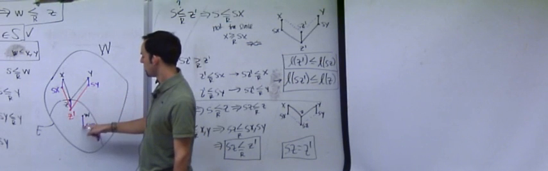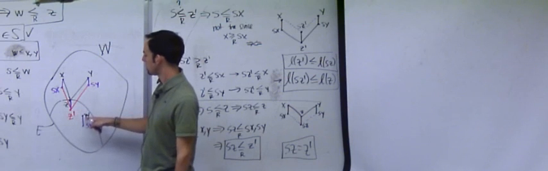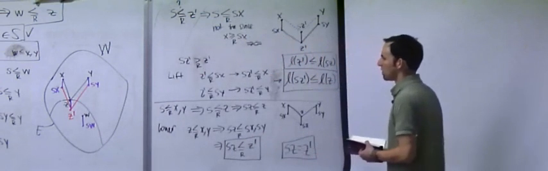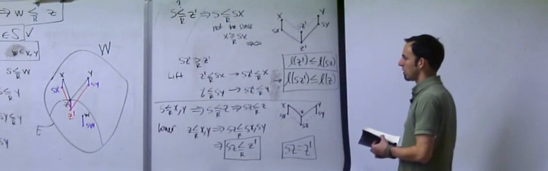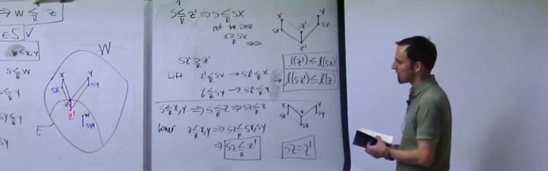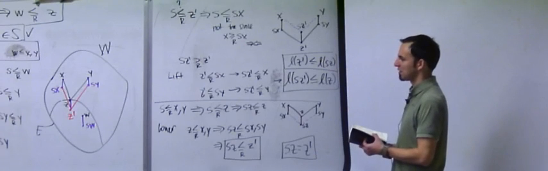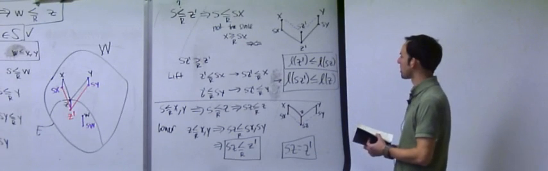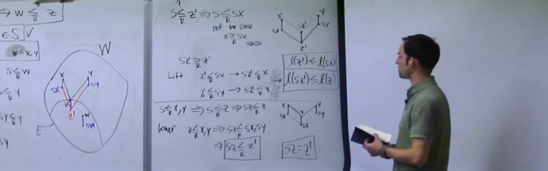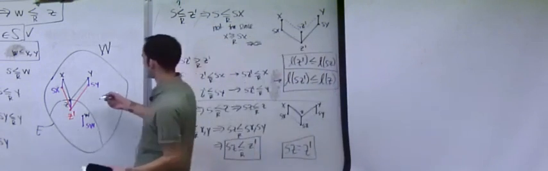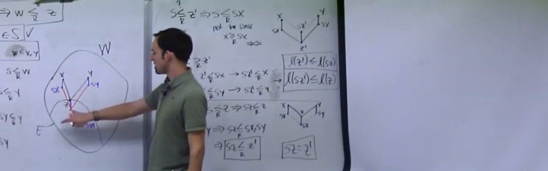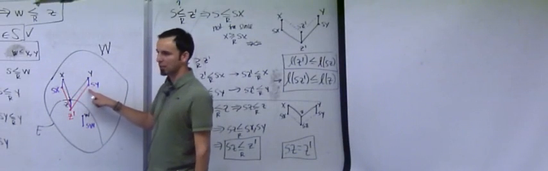And I can lift sw less than z prime to w less than z. Now, I should say, why is sw less than or equal to z prime? Because z prime is the meet of sx and sy.